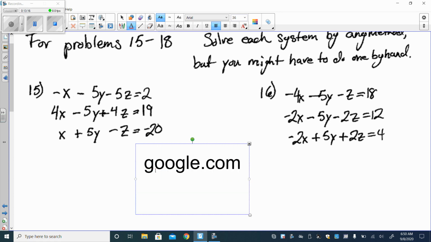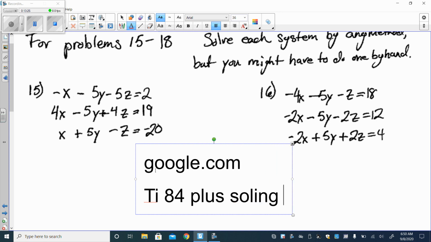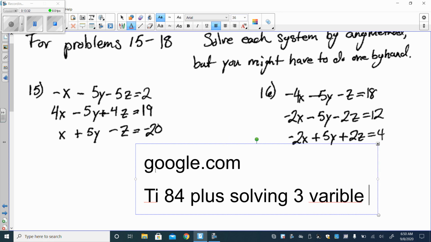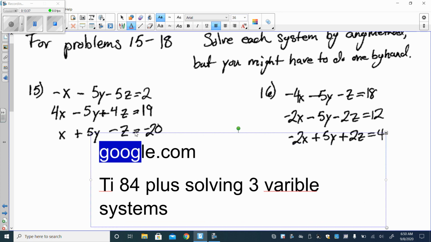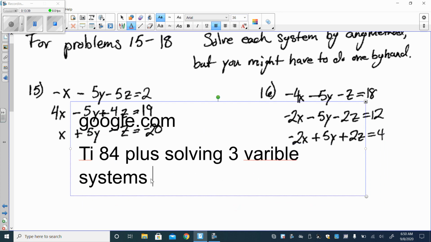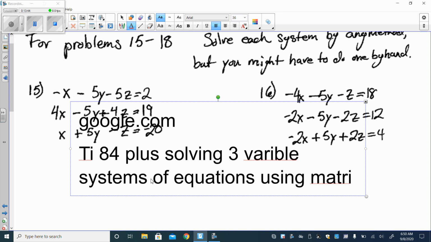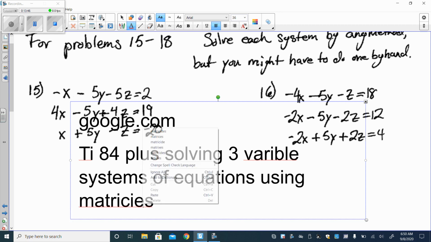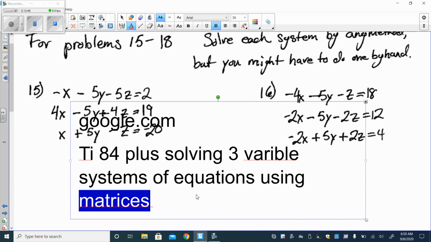Or what you can do is go to google.com and type in TI-84 plus solving 3 variable systems of equations using matrices.